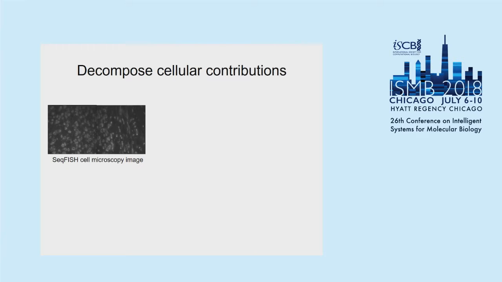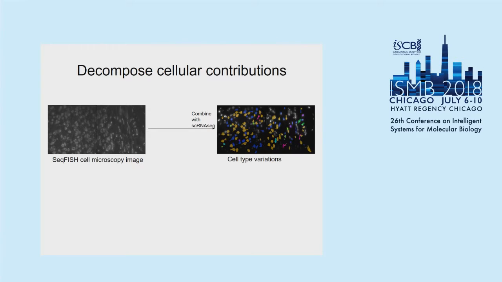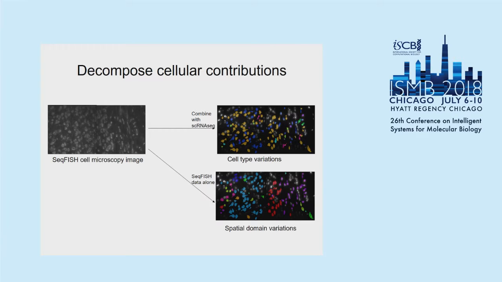This is a microscopy image of the seqFISH. We need to annotate cells with different colors that identify the cell types, and for this we can use the cell type signatures from single-cell RNA sequencing data. We can also identify variation using the spatial seqFISH data alone.